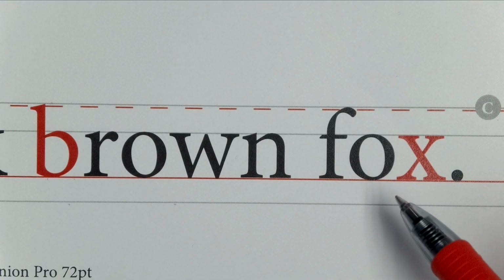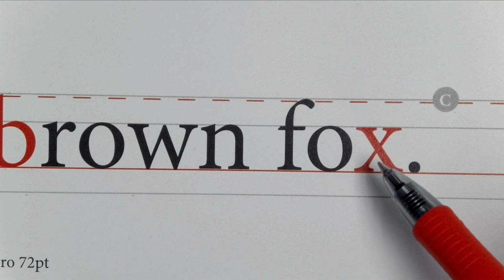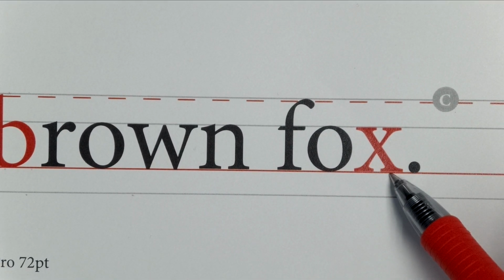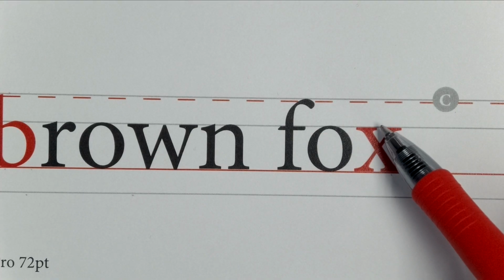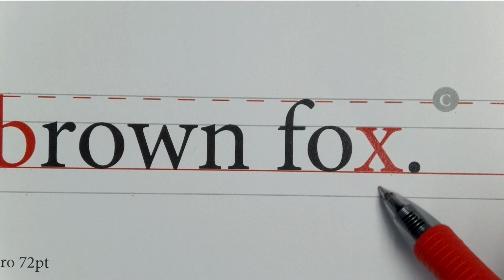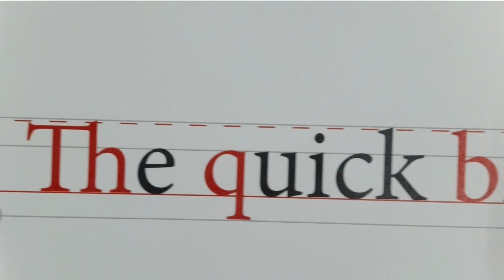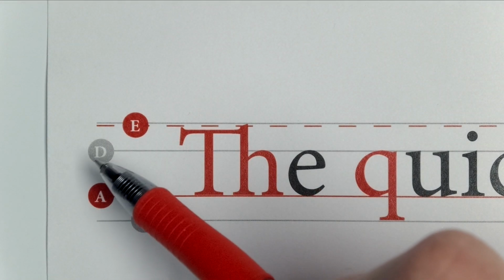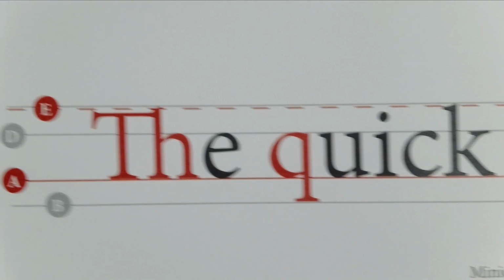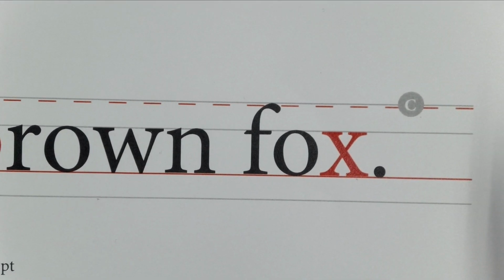Next, let's come over here and take a look at the lowercase x. The lowercase x comes up from the baseline to this line here, which, let me scroll back over here, I actually gave the letter D. So if I come back over, let's look at the x.